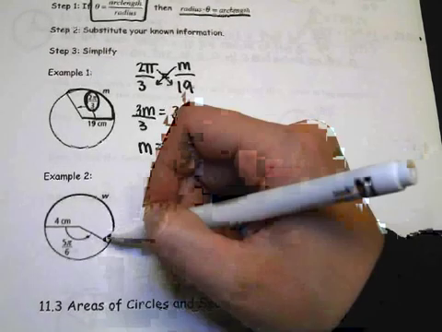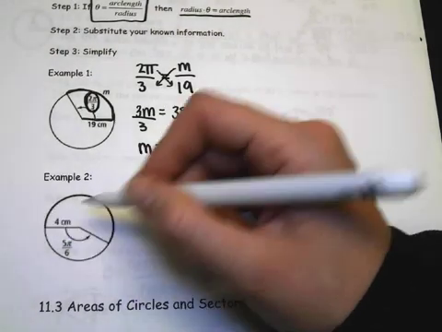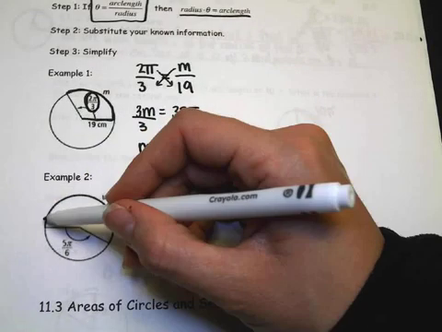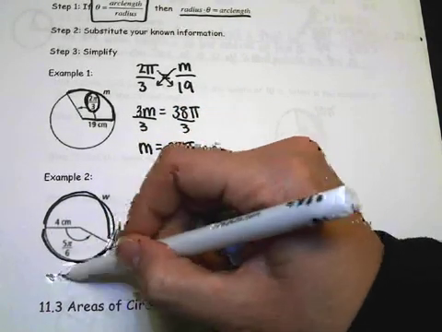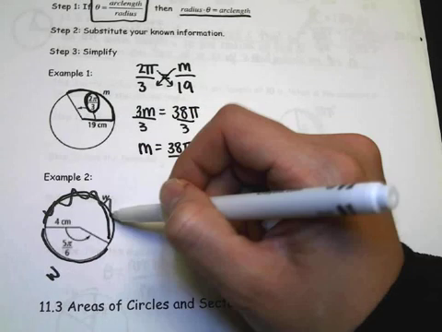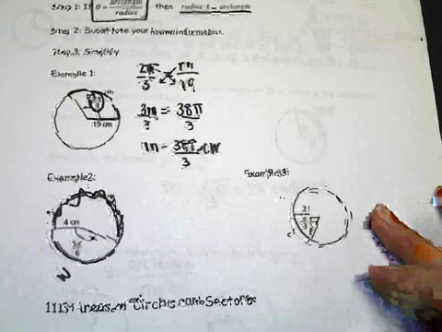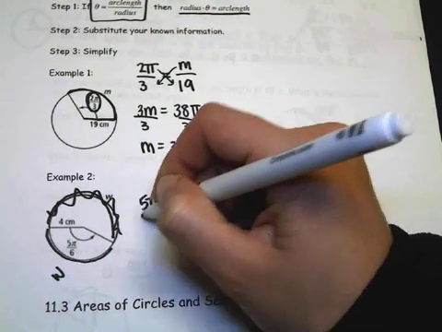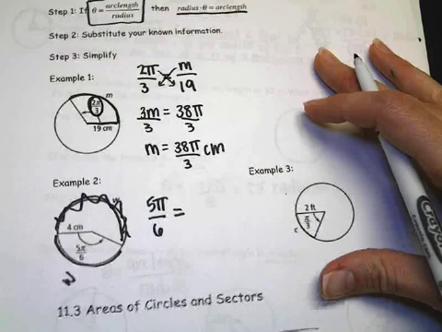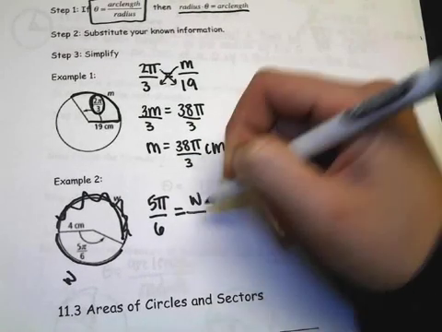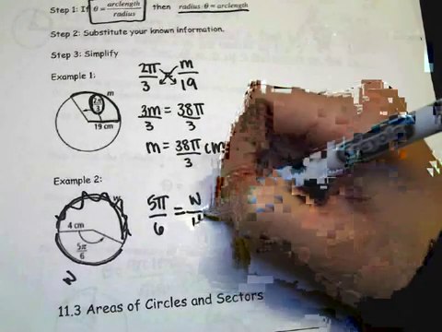Example number 2, we're still looking for that arc length. Actually, you know what? I want to change this one. Instead of looking for this arc length, I want to look for this one, W, over here. So what we're going to do is take that middle measure, 5 pi over 6, equals the arc length, what we're looking for, W, over the radius, 4.